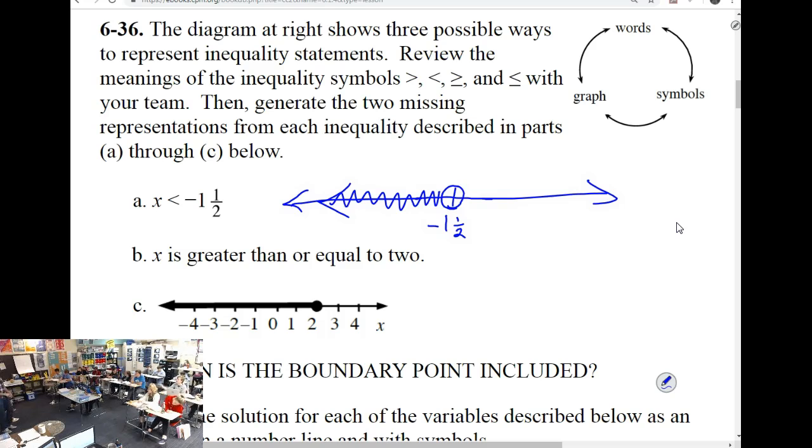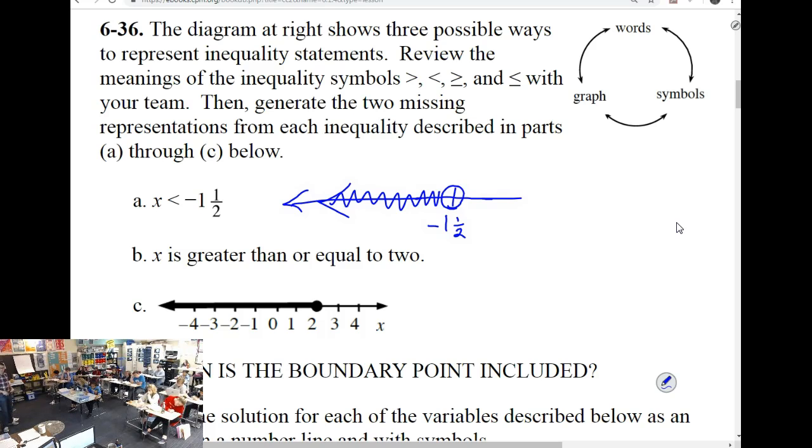So if x was greater than something, that points to the right, we shade to the right. If x is the first thing said, this points the direction we go. All right, sweet. So that would be the graph for A, and we talked about how it read.